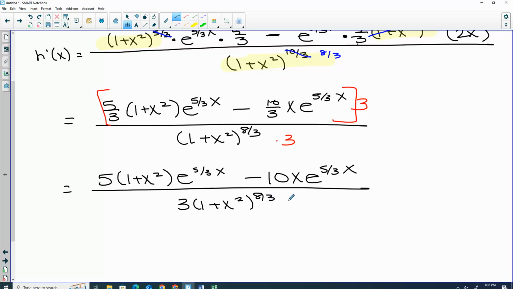You could choose to do more. My answer, I had factored out the e. You don't necessarily have to, that's just an option. So you can leave it like this. Okay, lots of different equivalent answers we could have on that one. Any questions there?